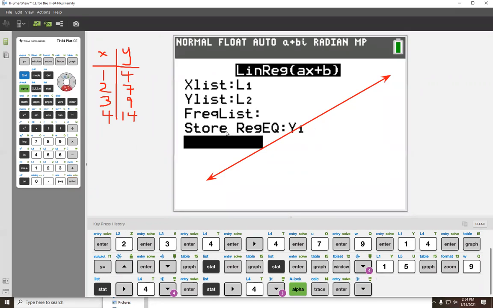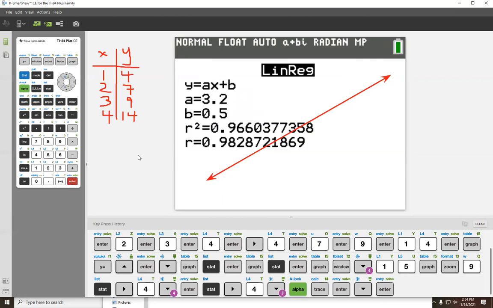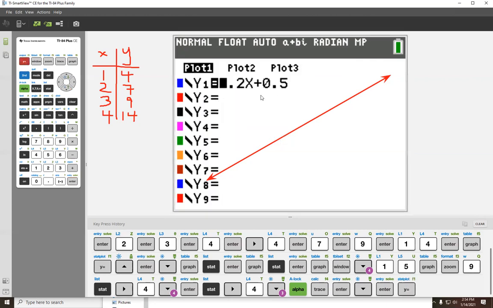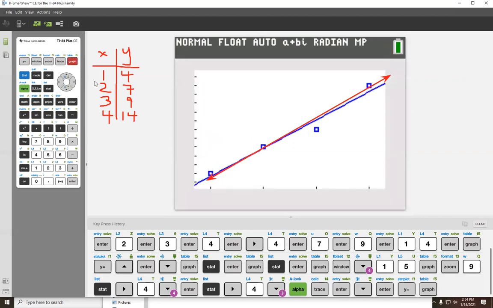So that tells the calculator, hey, store this equation in y1 when you get it. So I hit enter. That's what I saw before, but in y equals, there it is. Okay, there's my equation. Just looking incredibly beautiful and shiny. So when I go to the graph, it'll now graph the line of best fit. And I was pretty darn close. I didn't expect to be perfect, but pretty close.